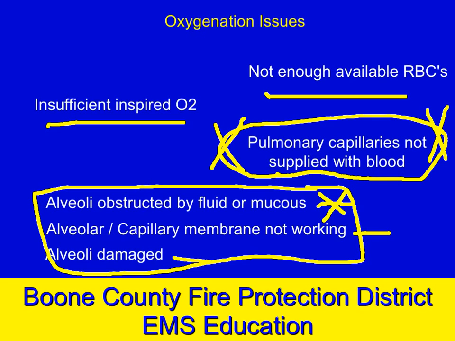Or what about in a pneumonia where that's actually pus, an infected drainage material that's built up in there. So oxygenation issues can be from a number of causes, and you can see that part of figuring out what to do for the patient is to try to figure out what's going wrong with the patient.